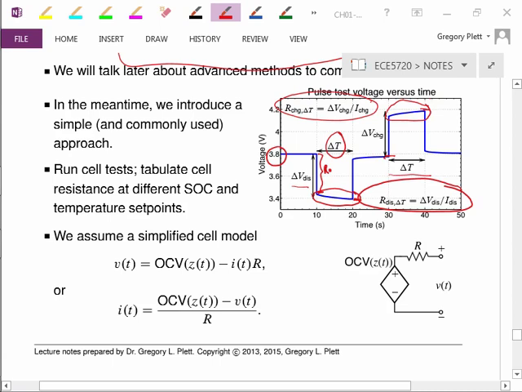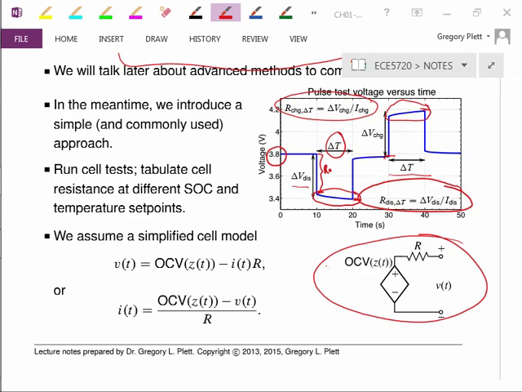Then, in order to use that data to produce estimates of how much power is available, we assume a very simple equivalent circuit cell model. And you can go back to last semester and realize this was just about the simplest one we ever looked at. So there's no hysteresis in the model, there's no diffusion voltages in the model, it's simply open circuit voltage and a resistor.